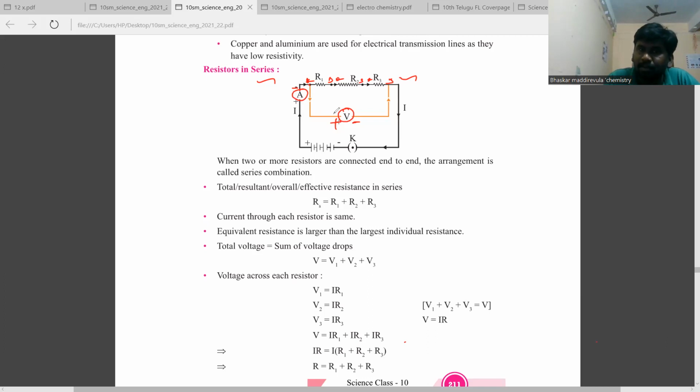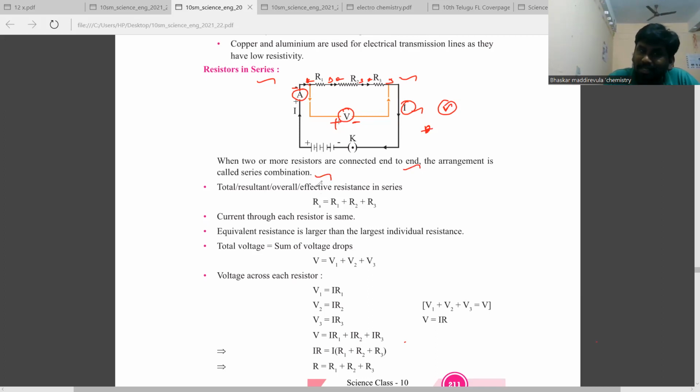In this circuit, an amount of current I is flowing through it. We have the potential difference V across the circuit, and R is the resistor. When two or more resistors are connected end to end in an arrangement, we call it a series connection.